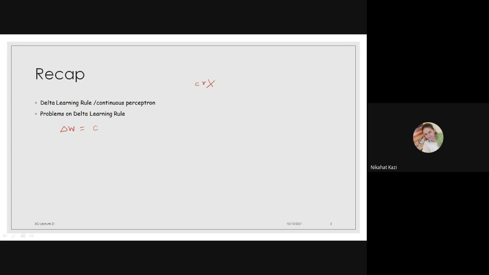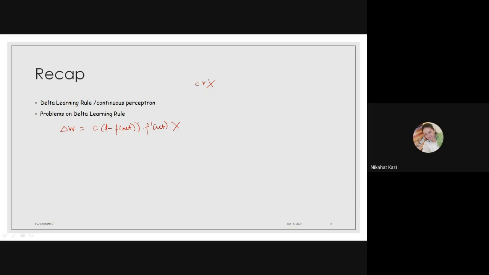We did a small derivation in yesterday's lecture. Desired minus f of net, into the derivative of f. This is the weight update equation for delta learning.